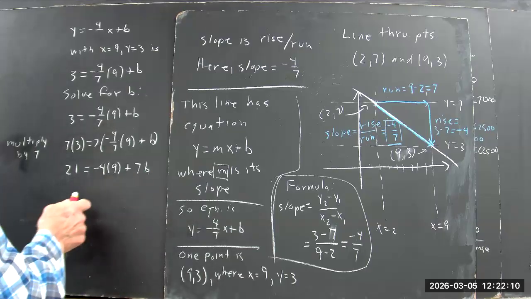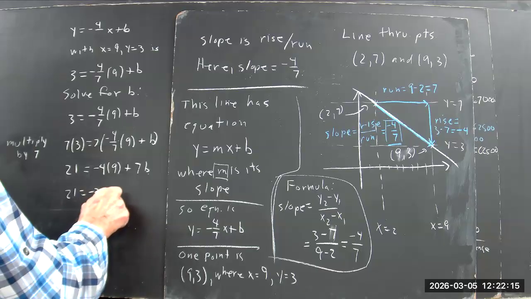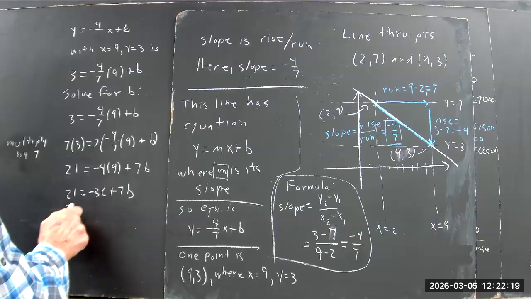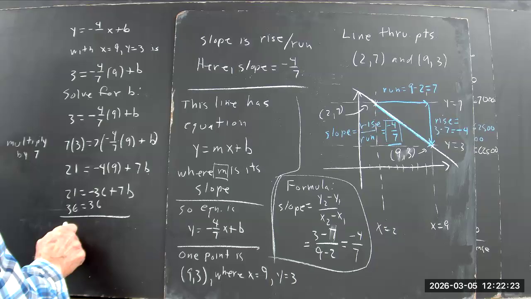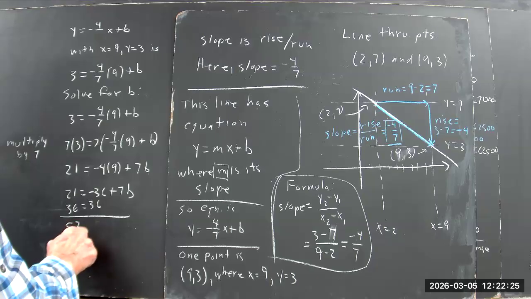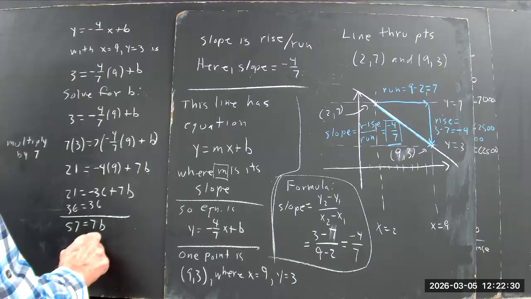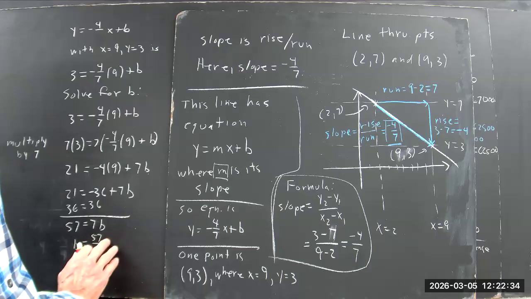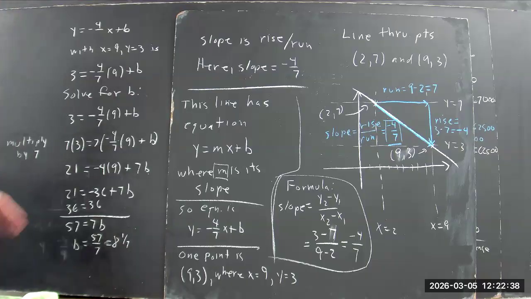So we get this equation: 21 equals -36 plus 7b. We add the equation 36 equals 36, and we get 57 equals 7b. So b is 57/7, which is 8 1/7.